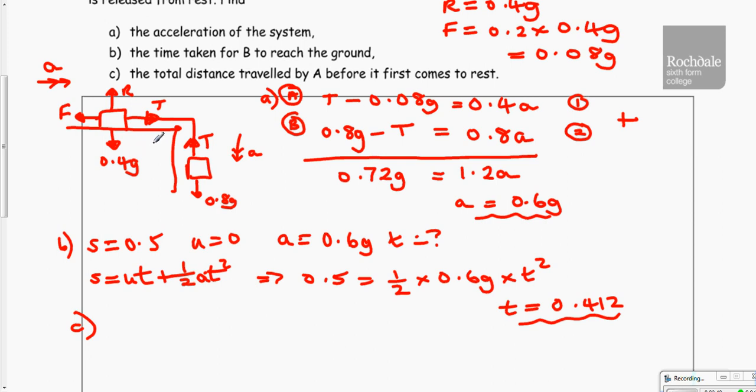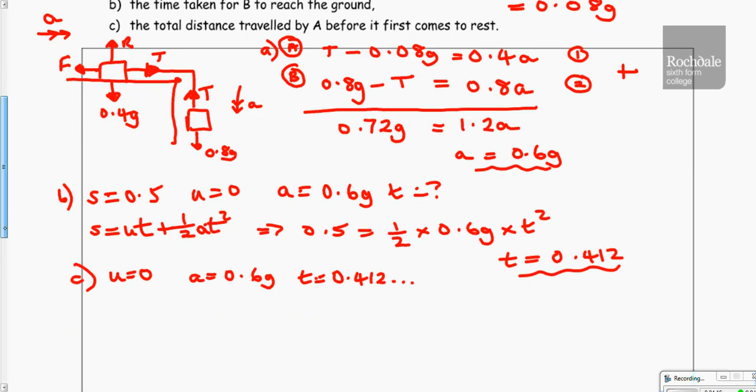So the first thing we need to do is find out what happens when this string goes slack. And if we think about particle B, it starts off with a speed of 0. It's got an acceleration of 0.6 g. We know that when it hits the ground, it's gone for a time of around about 0.412 seconds. I'll use the full value there for my calculator.